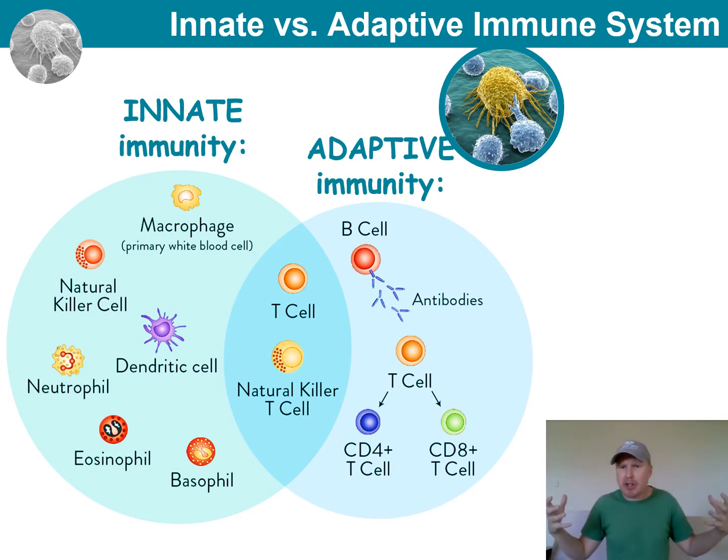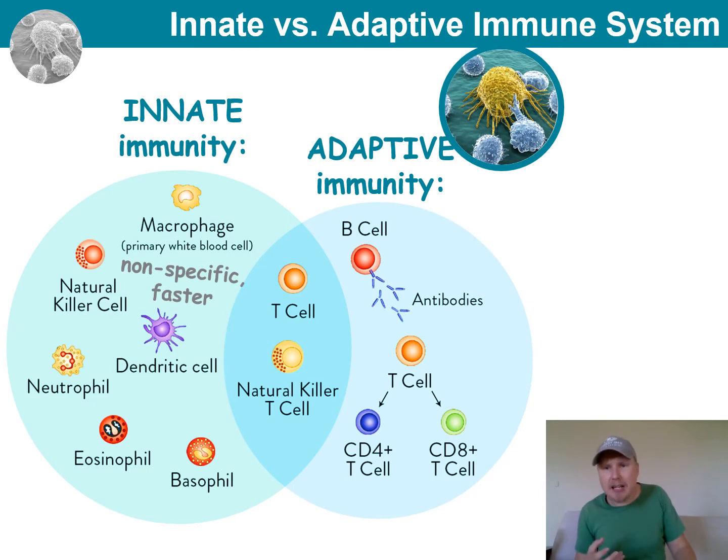But at large, if we were to compare and contrast each, one could say that innate immunity is more general, so it is not as specific, but it acts much faster.